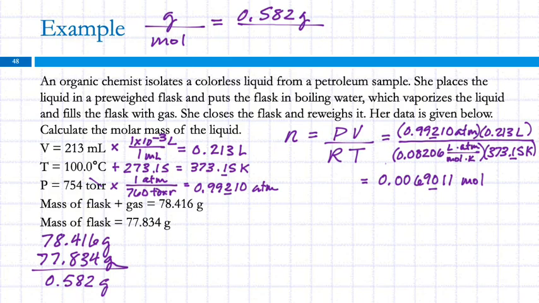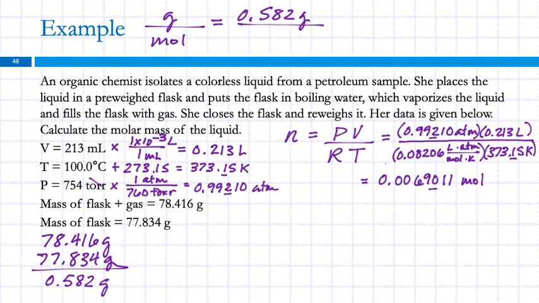Anybody else get that? It's always a good idea to do the calculation twice. Same thing. If you accidentally multiplied the whole thing by 373, you end up with a really large number of moles.